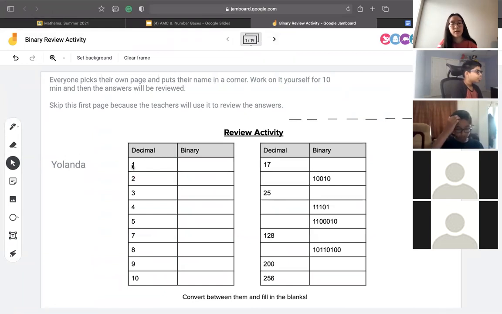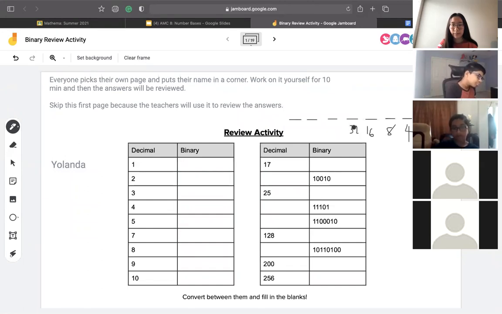Okay, so converting 1 in decimal into binary. Let's first write out the place values. First step would be always remembering the place values in binary. They're going to be a little bit different. They're going to be just like the powers of 2: 1, 2, 4, 8, 16, and so on.